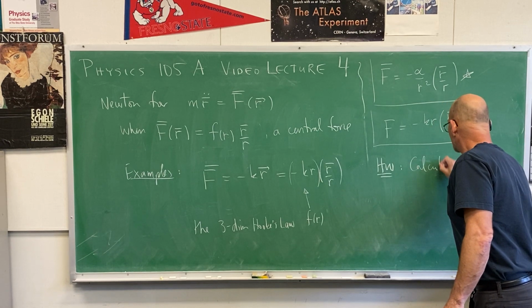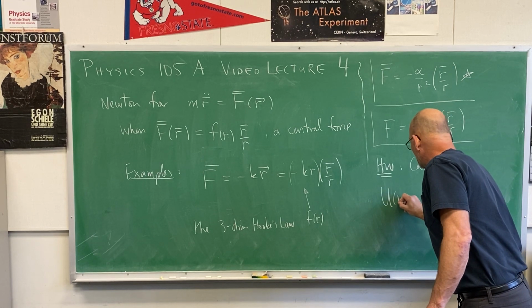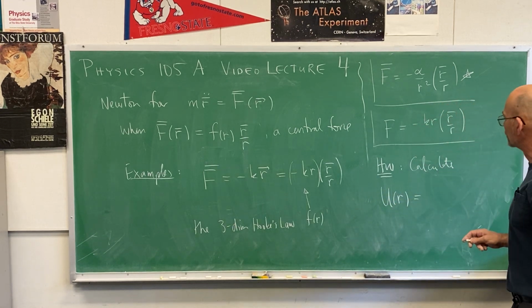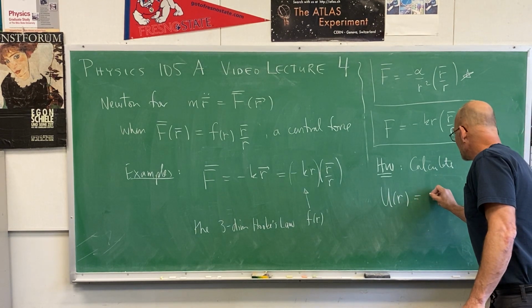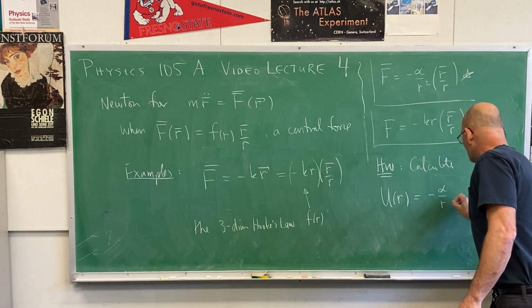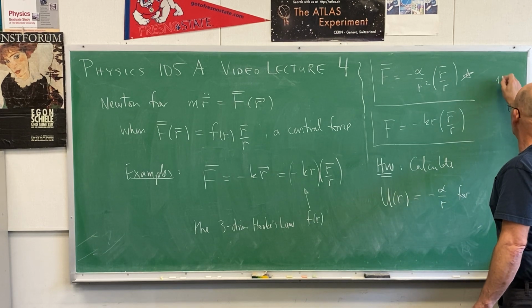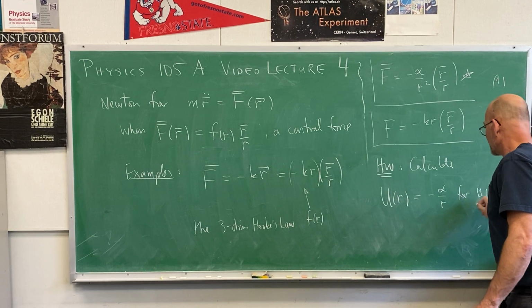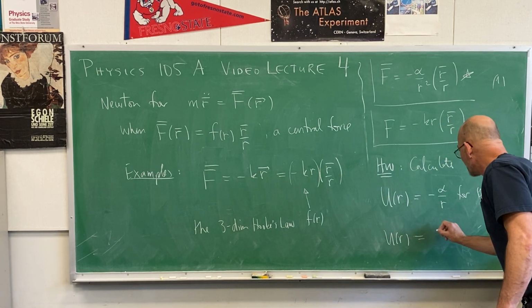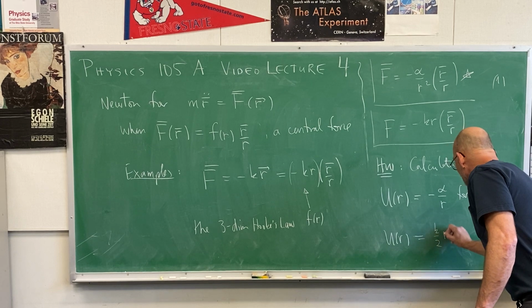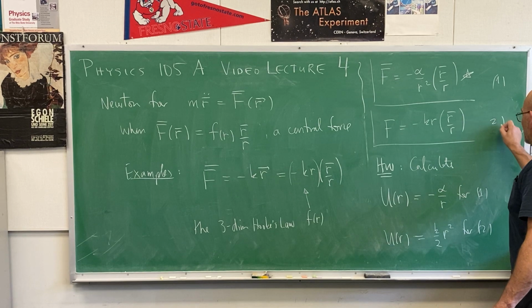Calculate U of R equals minus alpha over R for the first one, equals k over 2 R squared for the second one.